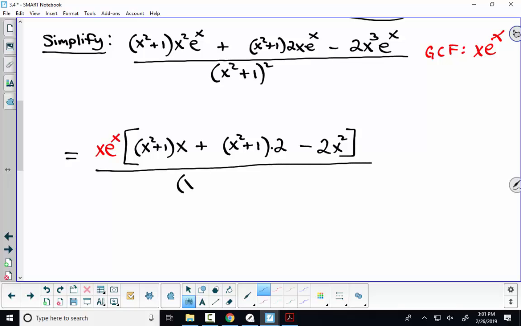Now I don't think anything's going to cancel with the denominator, but we'll leave it as a square. And that's the main idea of simplifying something like that.